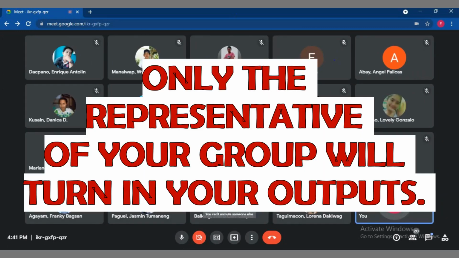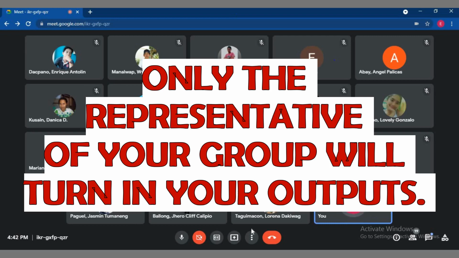Pwede po ba kapag nag-submit kayo ng inyong laboratory exercise for these finals, let's say in your group you have 4 members. Sa 4 members na yon, isa lang ang magta-turn in. Okay?